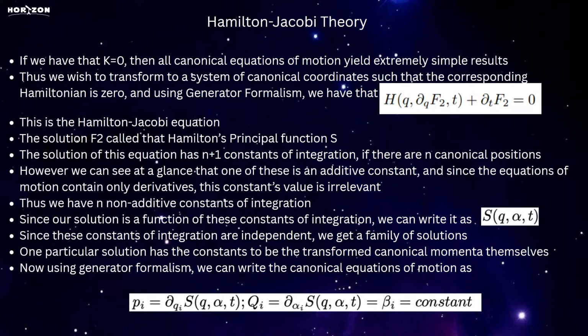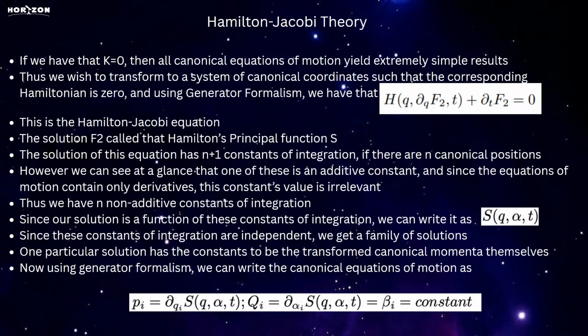They are not bounded. So the F2 here, which has a solution S, is not really a singular solution S, but rather a family of solutions. And these solutions are differentiated from each other by a different value of one or more of these constants of integration.